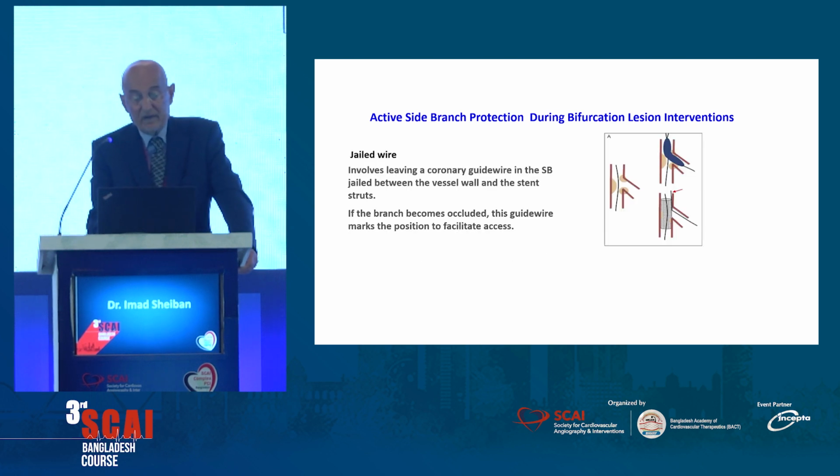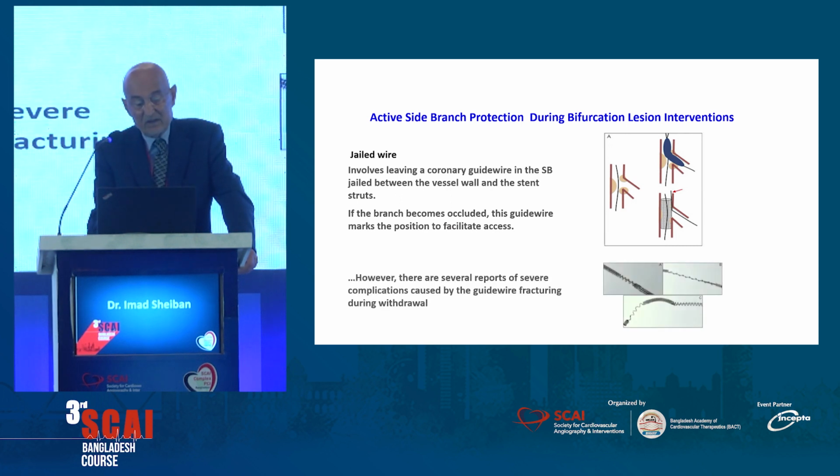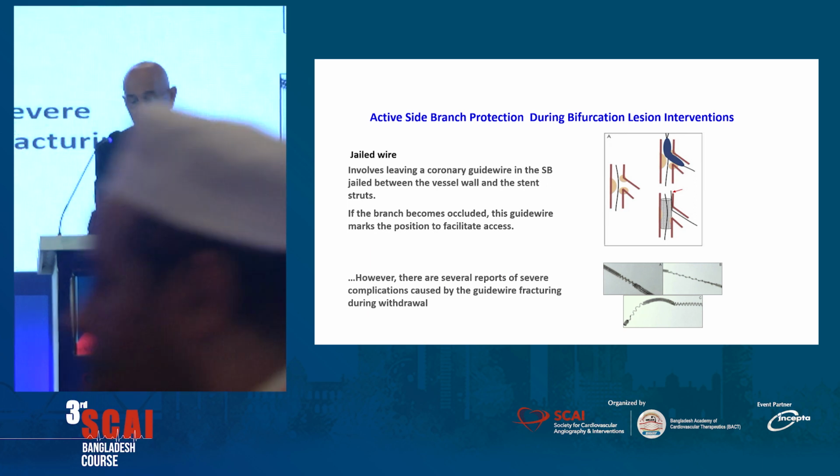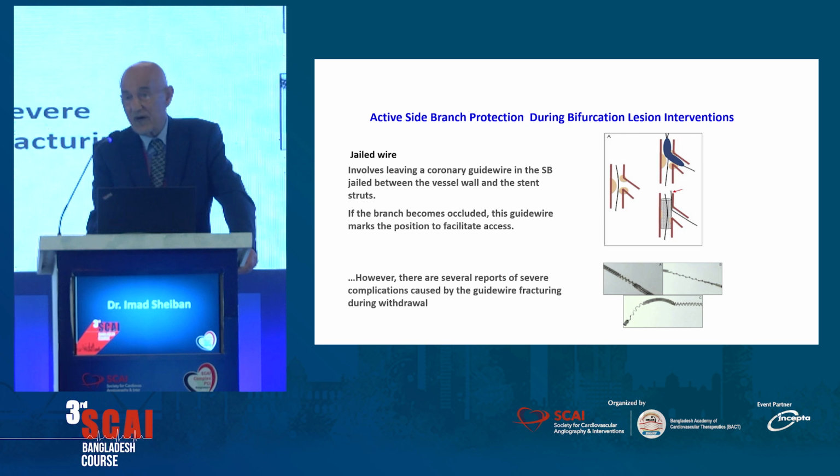The jailed wire involves leaving the wire in the side branch, jailed by the stent, during pre-dilatation and during stenting. But this might have some problems retrieving the wire after stenting, with damage to the wire or fracture of the wire, leaving it in the side branch.